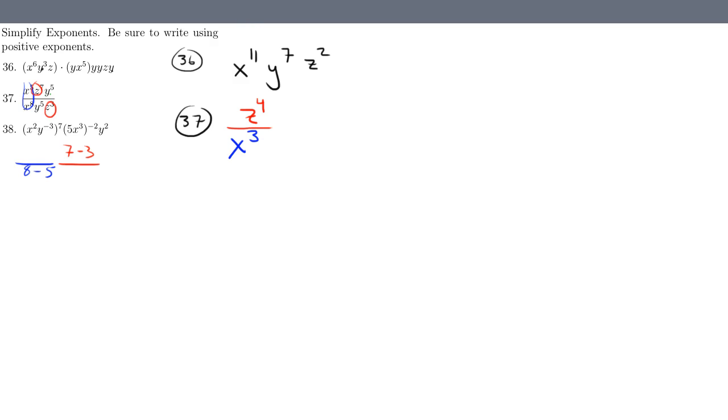Okay, let's take a look at number 38. We're going to have x squared, y cubed to the 7th, 5x cubed to the negative 2nd, y squared. Start with this 7.